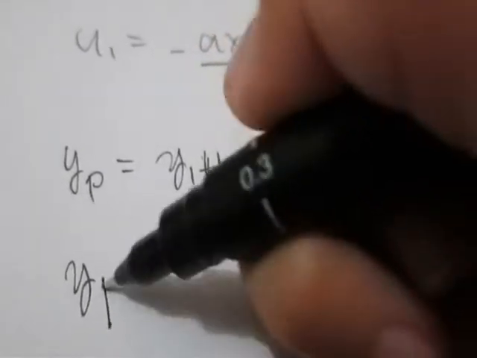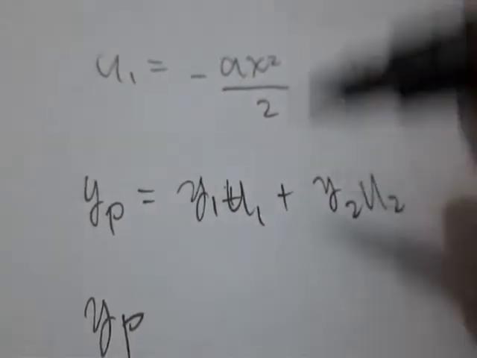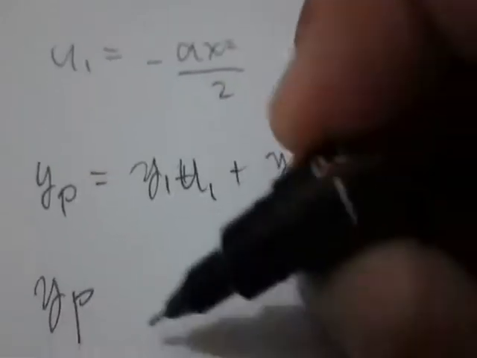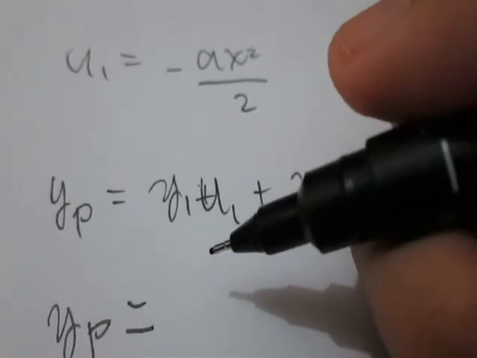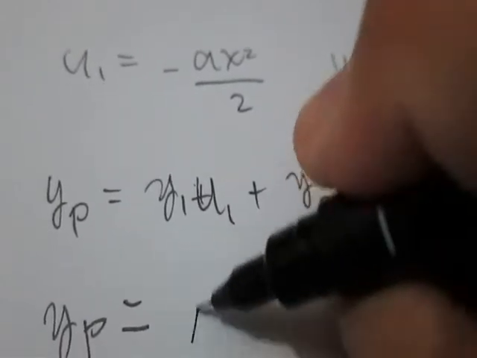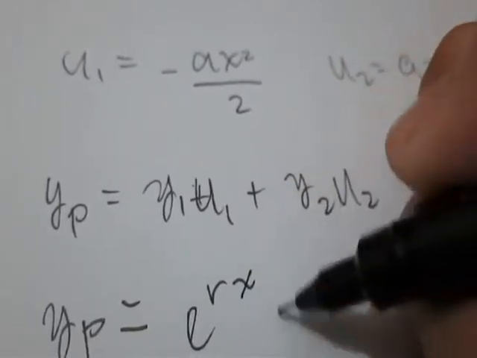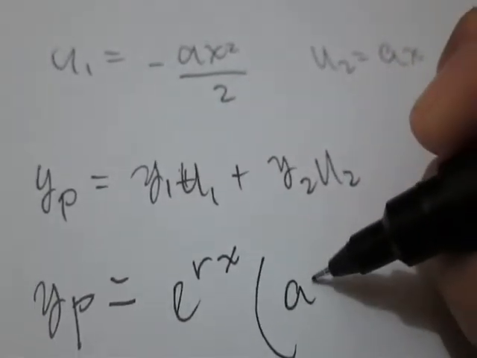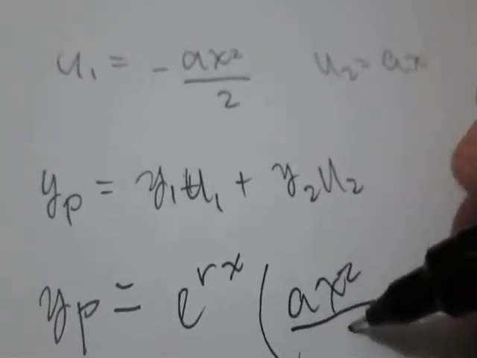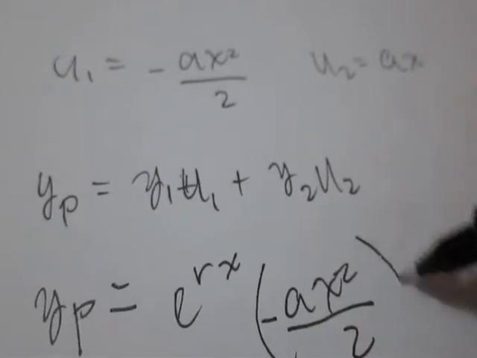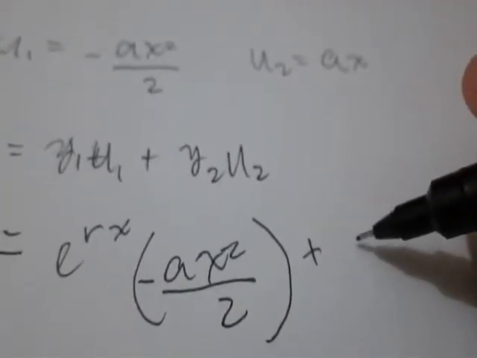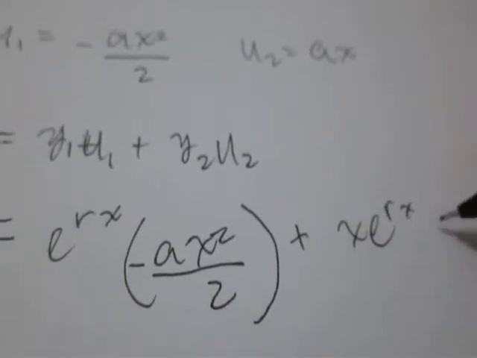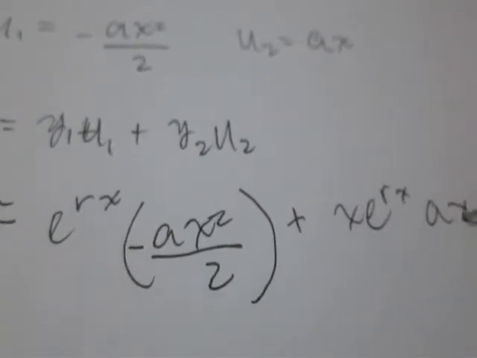Then substituting the values of u1, u2, y1 and y2 here, we have our y1, which is e to the power of rx, times negative ax squared over 2, plus y2, which is x e to the power of rx times ax. Simplifying this, we get our yp.